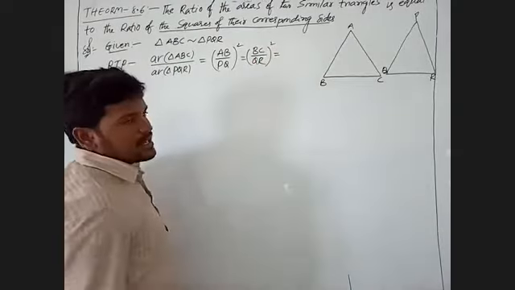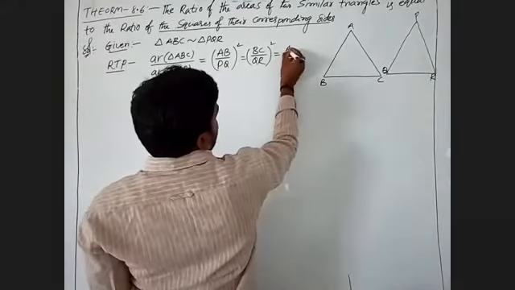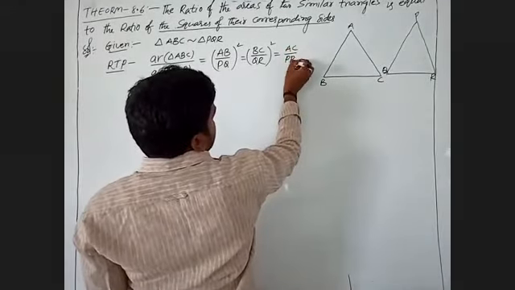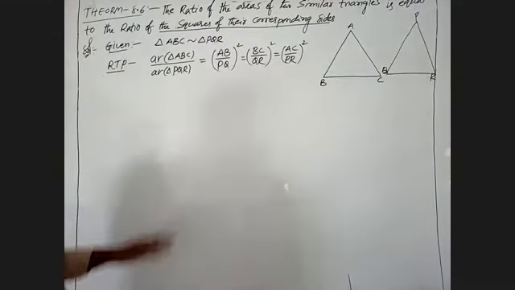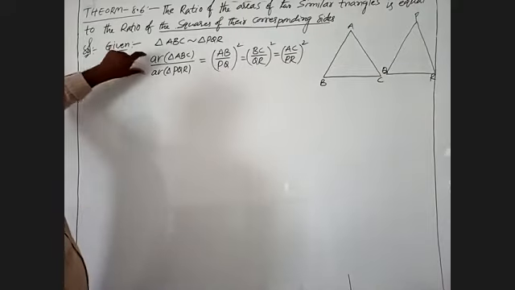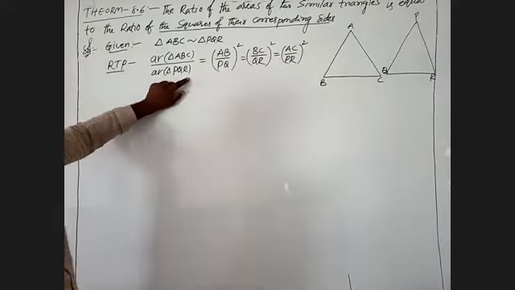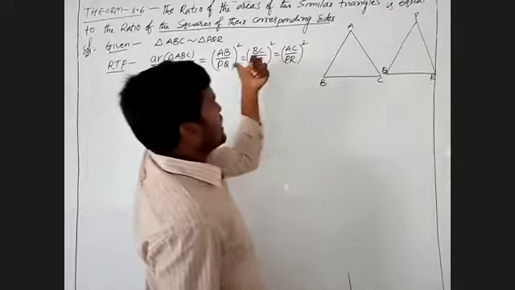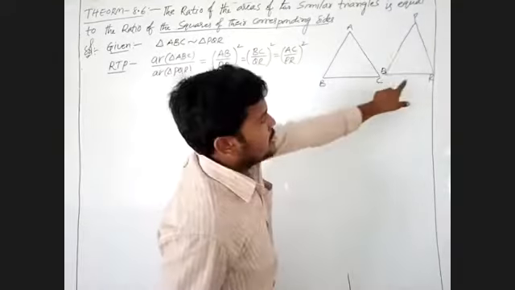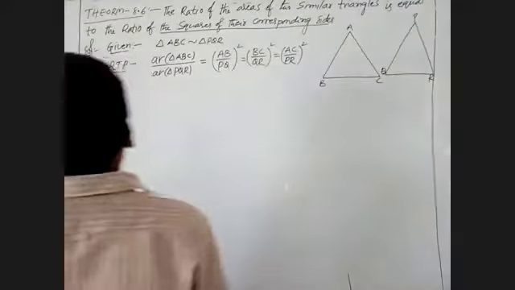The corresponding side of AC is PR, so AC by PR whole square. That is, area of triangle ABC by area of triangle PQR equals AB by PQ whole square, equals BC by QR whole square, equals AC by PR whole square.